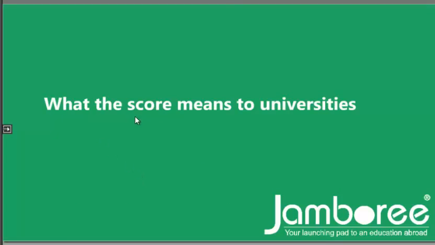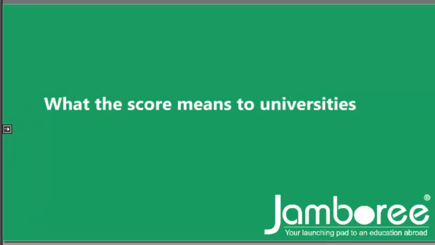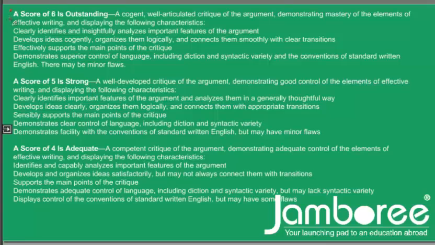First of all, what does the score mean to universities? You need to know that. A score of 6 is outstanding, obviously. 5 is strong. 4 is adequate, but not good enough.